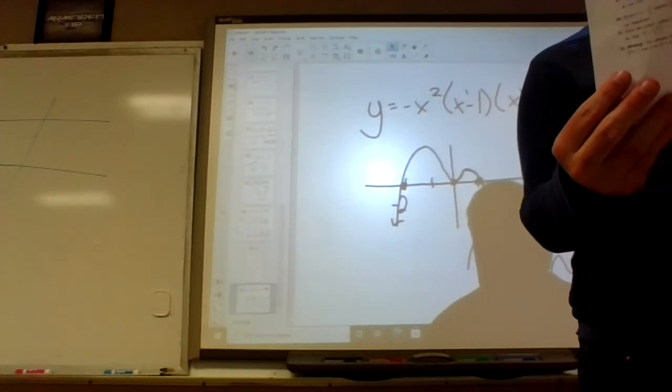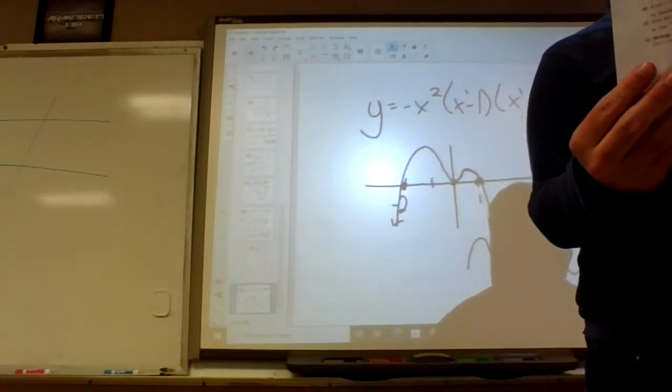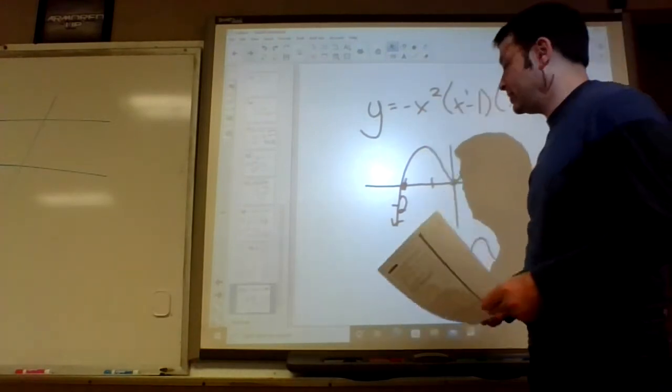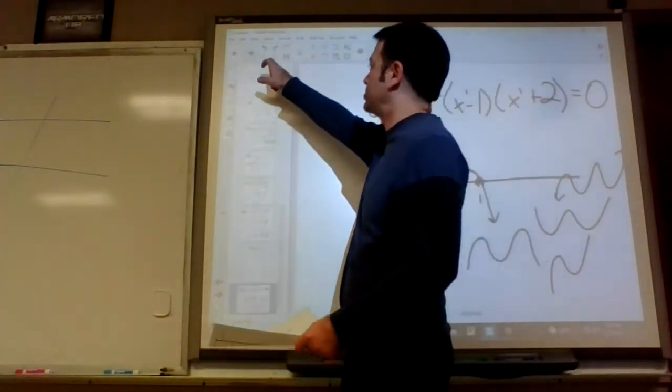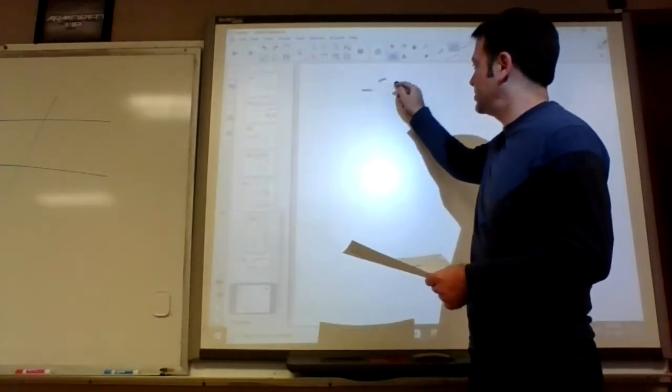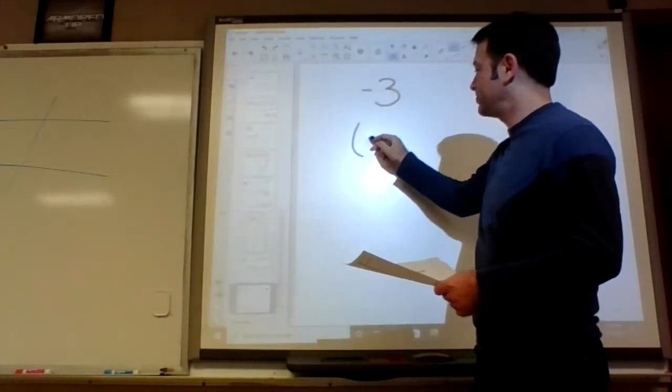Number 6. Give an equation of the cubic graph shown at the right. All right, negative 3 is a root. If negative 3 is a root, what is a factor? X plus 3.